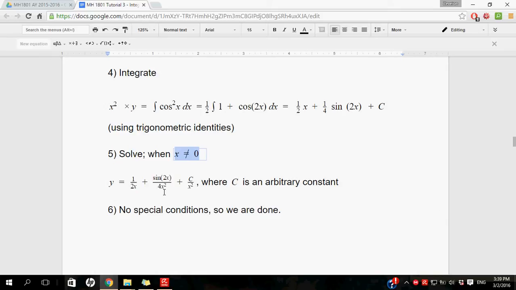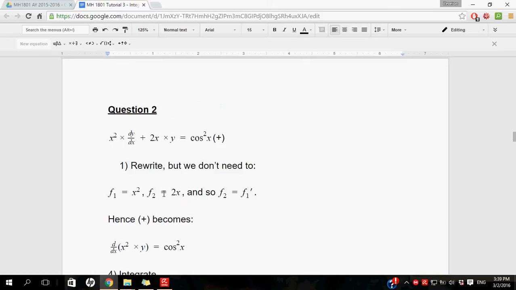In fact, you can also check it never makes sense in our original differential equation. If you were to set x equal to 0, this would be 0, this would also be 0, so the left hand side is 0, but on the right you would have cosine of 0 that equals 1. 1 squared is 1.